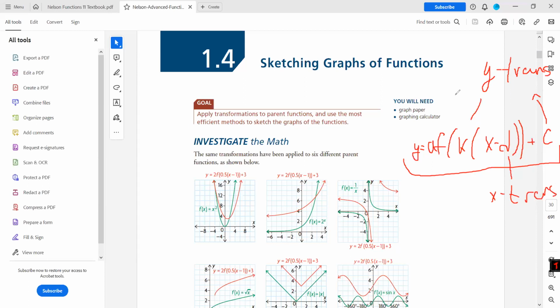Then we have the k factor, and this factor k is responsible for horizontal compression. Let's say horizontal stretch.